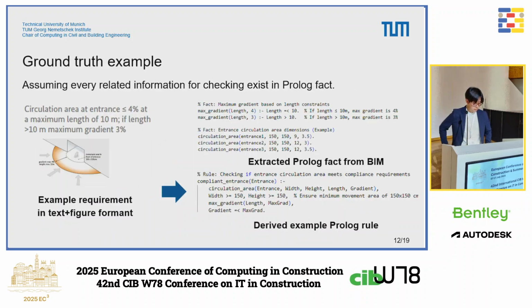This is an example of the ground truth, and the ground truth Prolog rules were created under the assumption that all necessary information for compliance checking exists in the Prolog facts. Yes, this could be an overwhelming assumption, but here we chose to focus on the rule derivation itself.